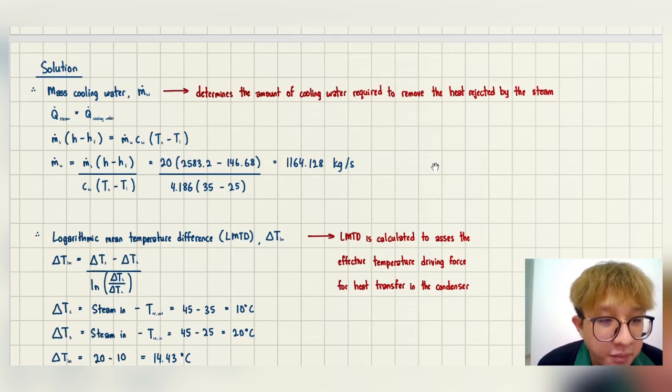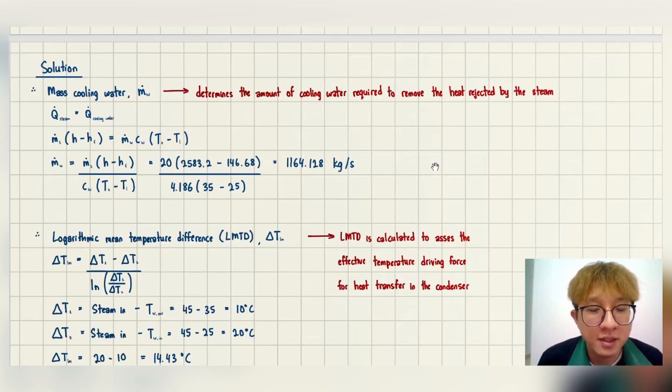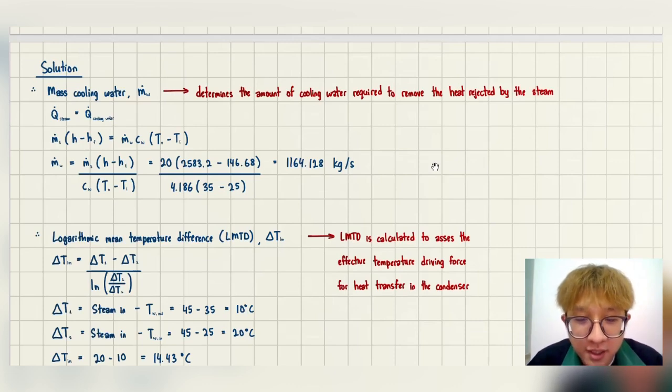The formula is mass flow rate of steam multiplied by enthalpy of steam minus enthalpy of condensate, equal to mass flow rate of cooling water multiplied by specific heat capacity of cooling water multiplied by temperature outlet of cooling water minus temperature inlet of cooling water. So the mass flow rate of cooling water is 1164.128 kg per second.